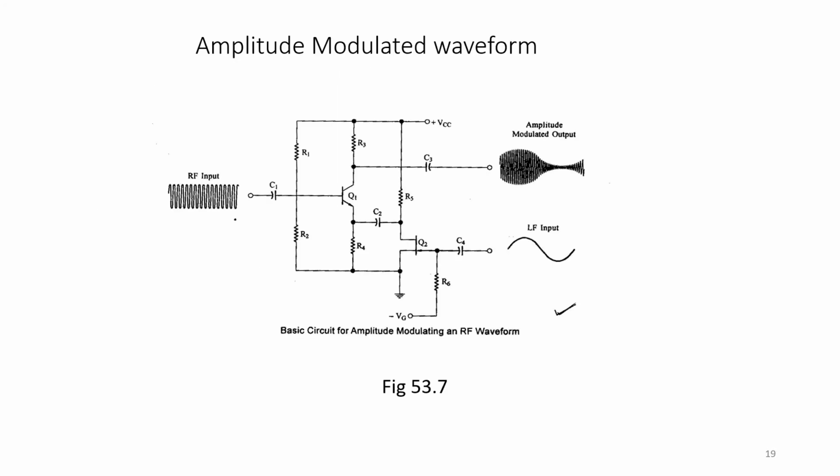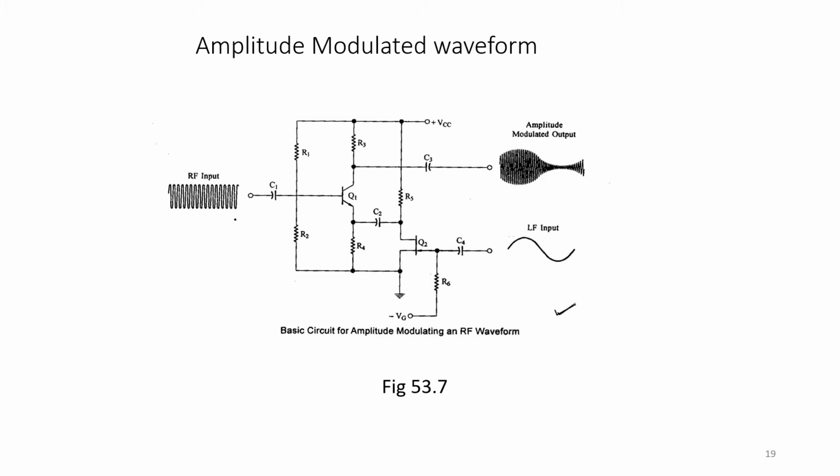To obtain an amplitude modulated waveform, this is the basic circuit. Here we have a low frequency input, that is the modulating signal, applied either externally or internally depending upon the switch position, whether you need the modulating signal externally or internally. You have to give the RF input and also provide a modulating signal, then you'll get an amplitude modulated output.